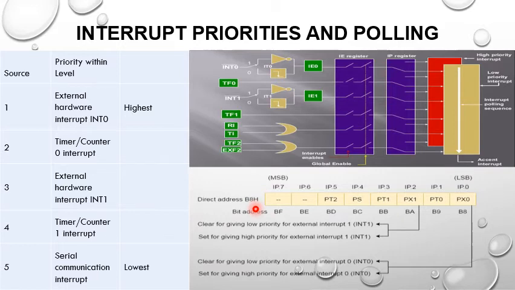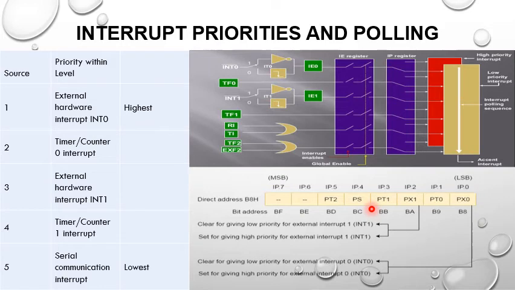This can be accomplished by assigning a high priority to serial interrupt and a low priority to timer 0 interrupt. By setting the D4 bit to 1, the serial interrupt will be set to high priority and the timer interrupt will be set to low priority.